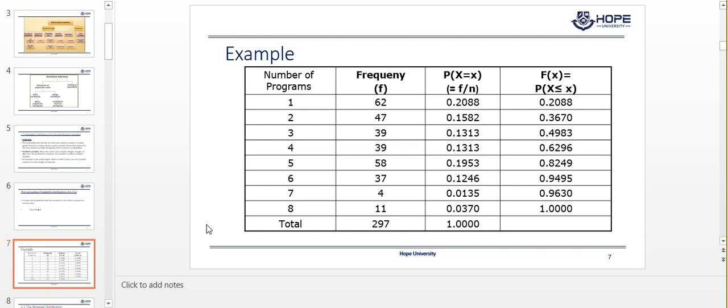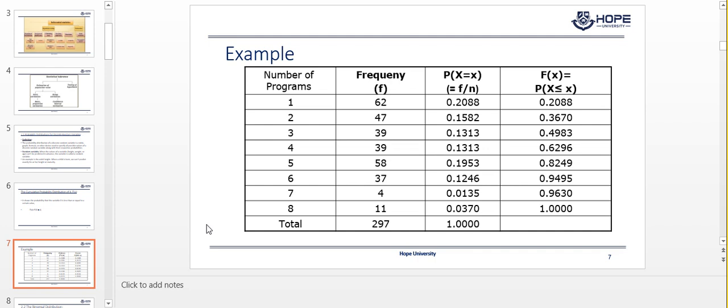For example, we have the number of programs and the frequency number, so we make probability of x equal to f divided by n, a proportion like relative frequency. For example, if we have 62 in the frequency, we divide by 297. We should get 0.2088.